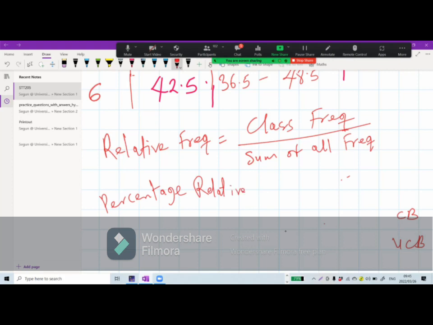The formula to use, when I mention RF, in this case is relative frequency. The percentage is the same thing as RF multiplied by 100%. So it returns to that particular relative frequency.